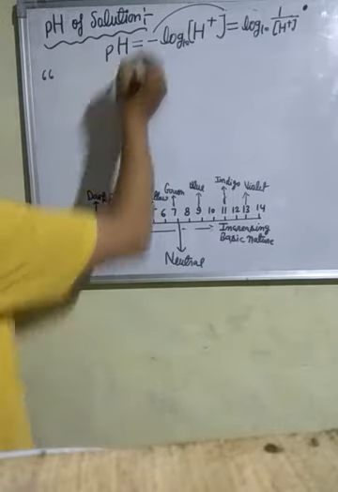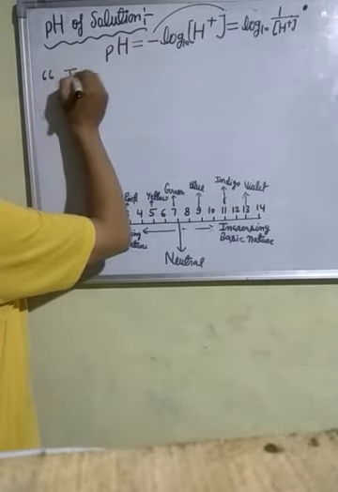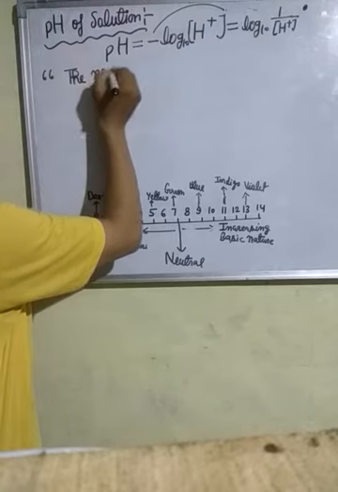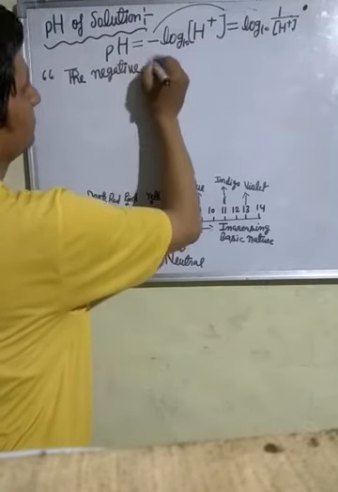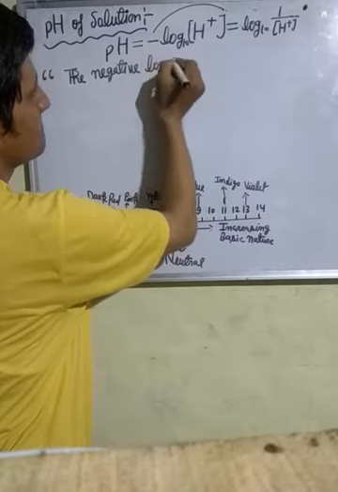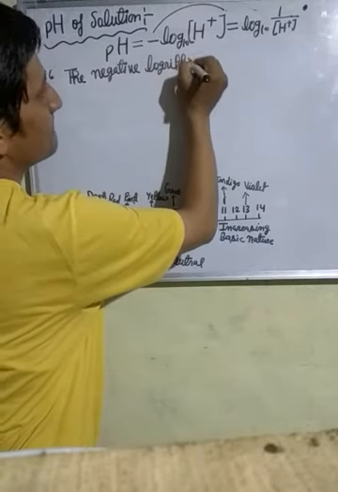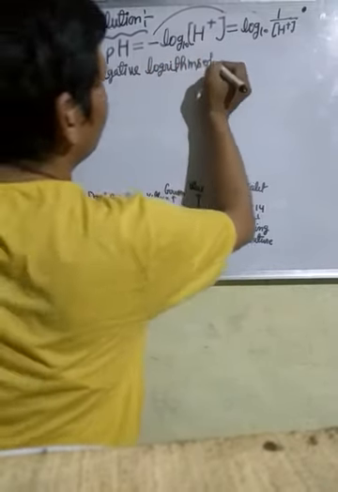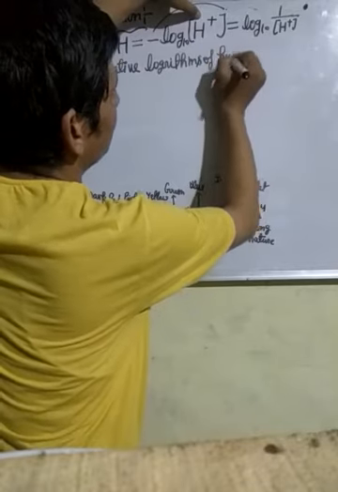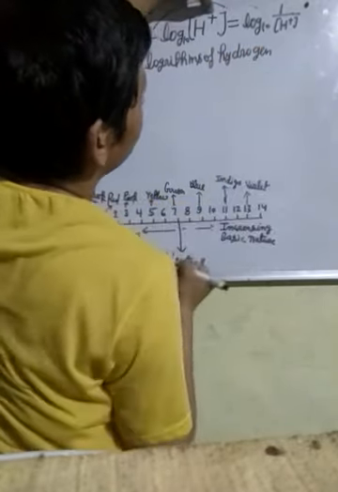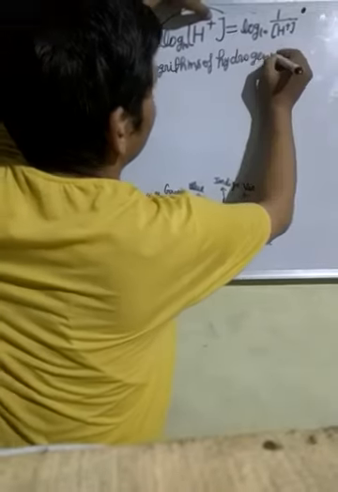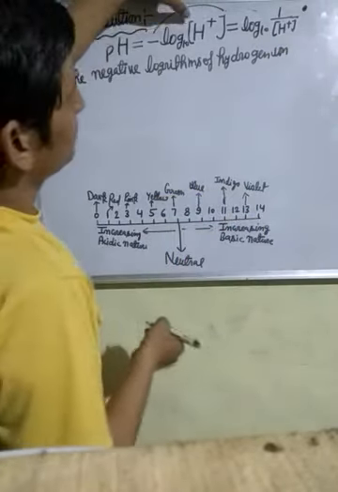The negative logarithm of hydrogen ion concentration. Here the plus means ion, and the bracket is called concentration: hydrogen ion concentration.